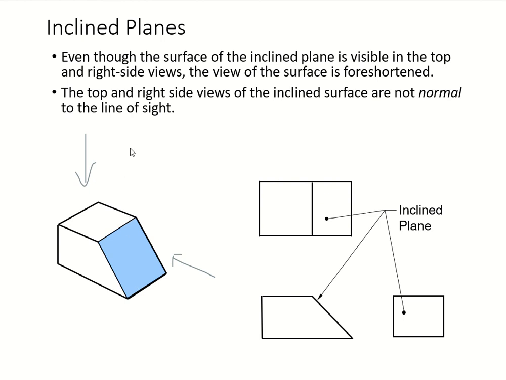Now we're going to concentrate on the top view and then the right side view, right? When you take a look at your pictorial from the top, you can see the inclined surface. And when you take a look at your pictorial from the right side view, I'm just going to write it R, you can also see the inclined surface very clearly.